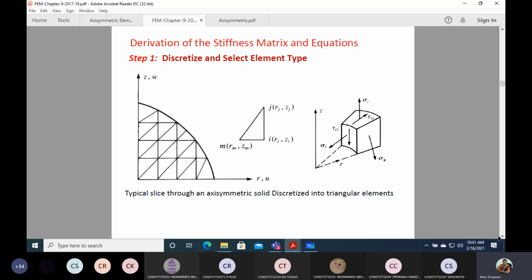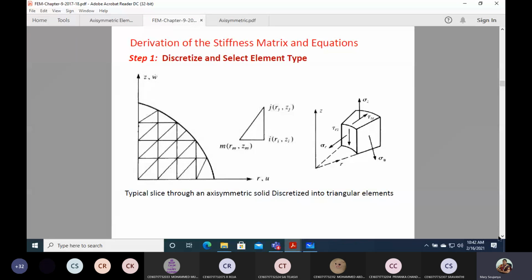Supposedly, we have a big structure which is discretized into triangular elements. We are taking one of the triangular elements out, which is axisymmetric in nature, and we are now trying to find out the shape functions. The shape functions we are trying to find out here exactly resemble the three-noded triangular element, that is the basic CST element.